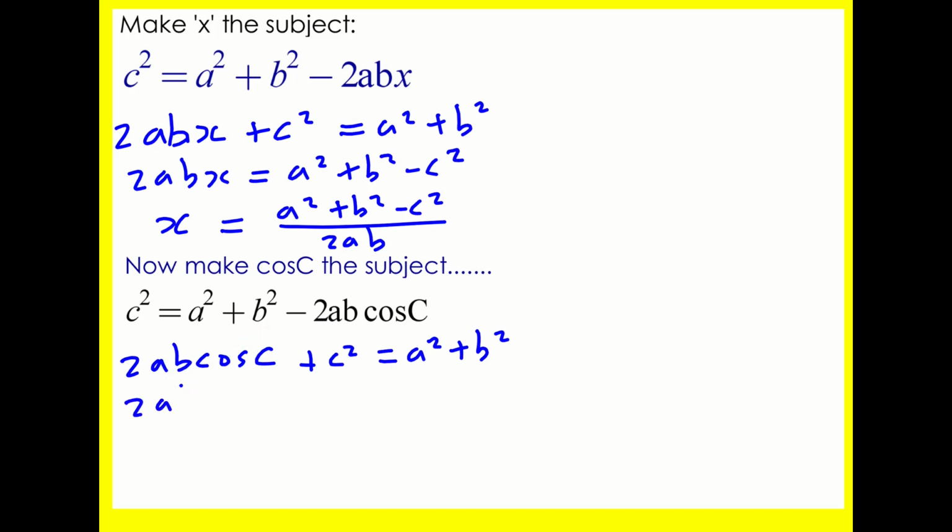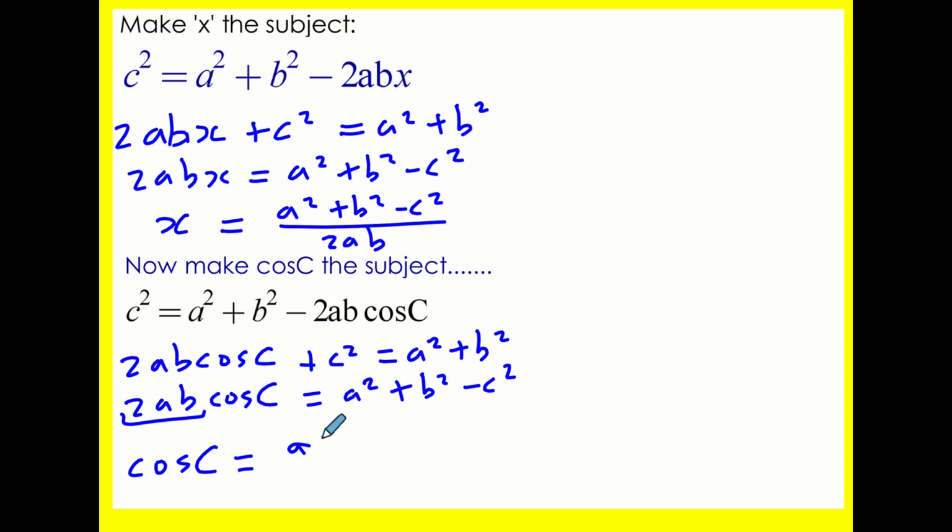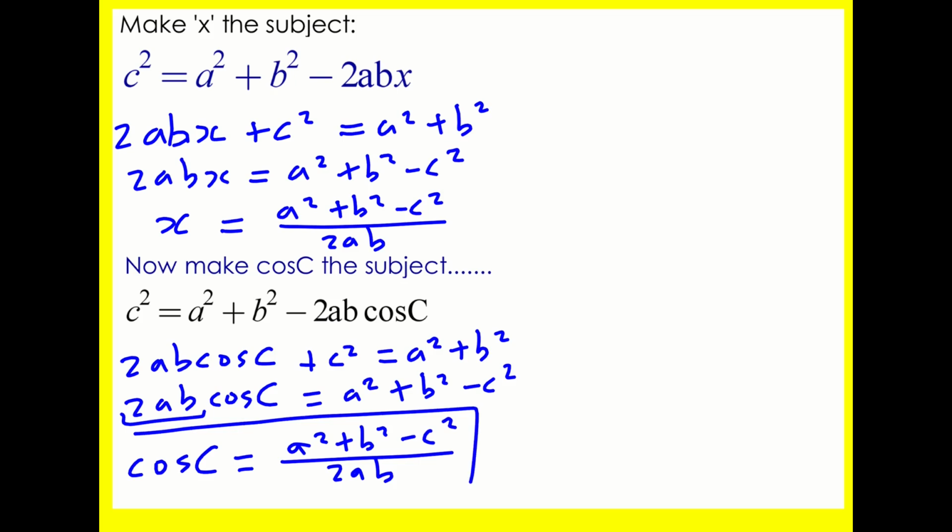Then I'm going to minus c squared from both sides. Finally, I'm going to divide through by 2ab. And we're done. This is the cosine rule when you're calculating angles.